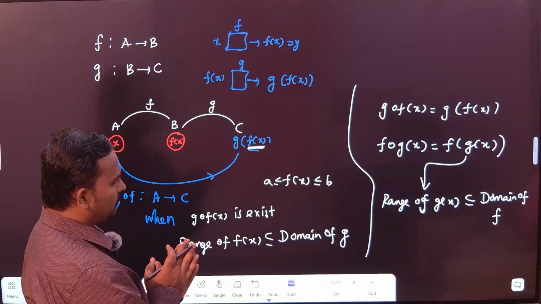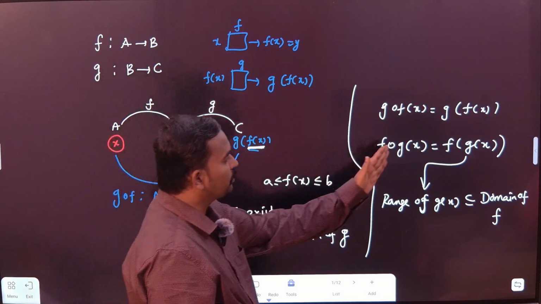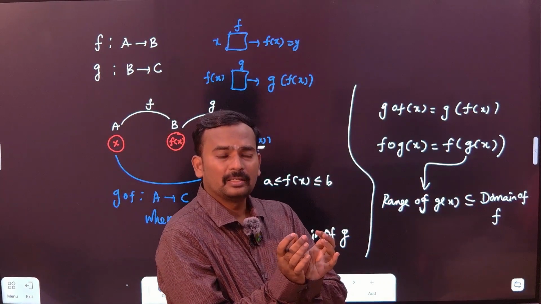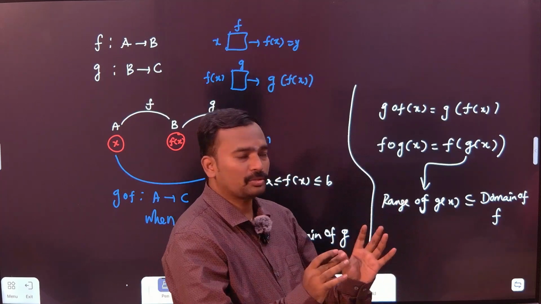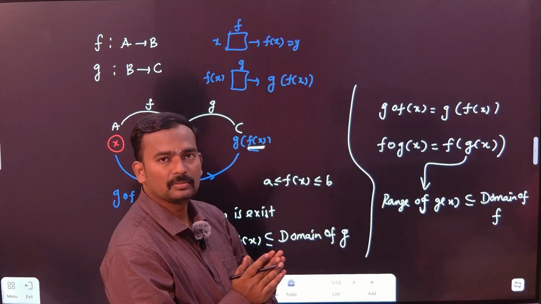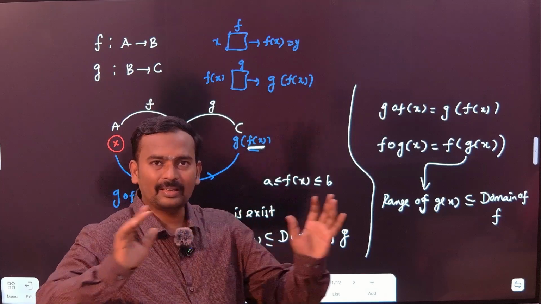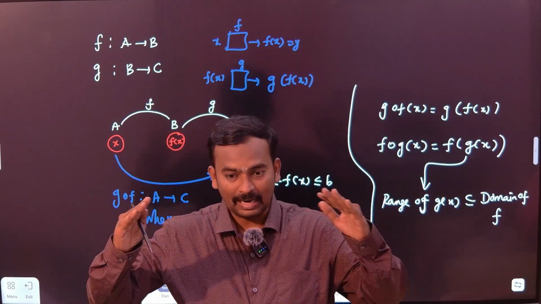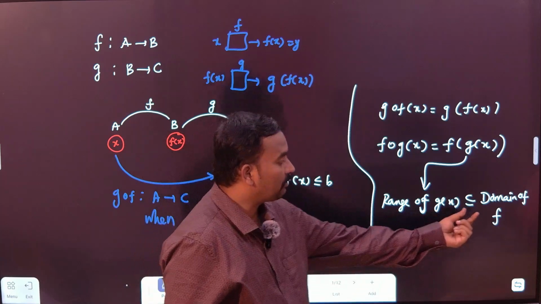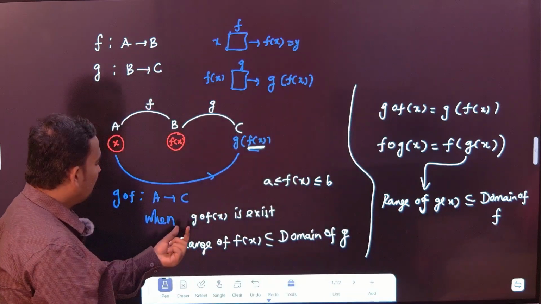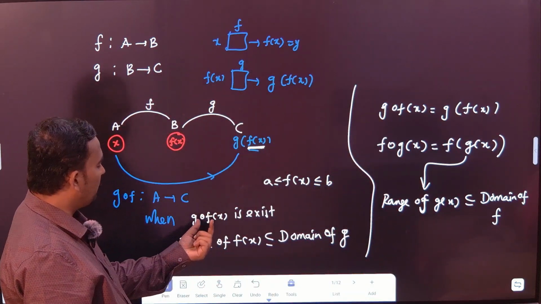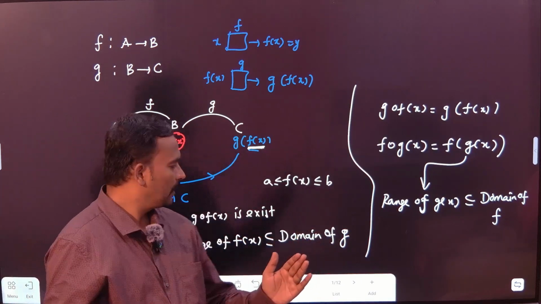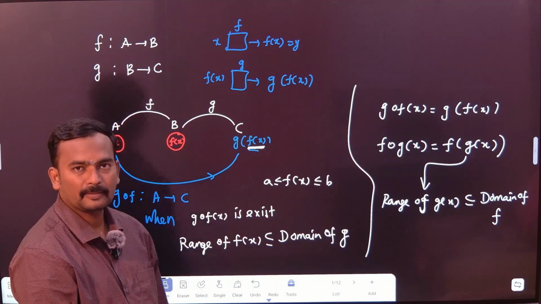Otherwise, f composition G is not defined, because the range of G should be within f. The same way, G composition f means the range of f should be within the domain of G.